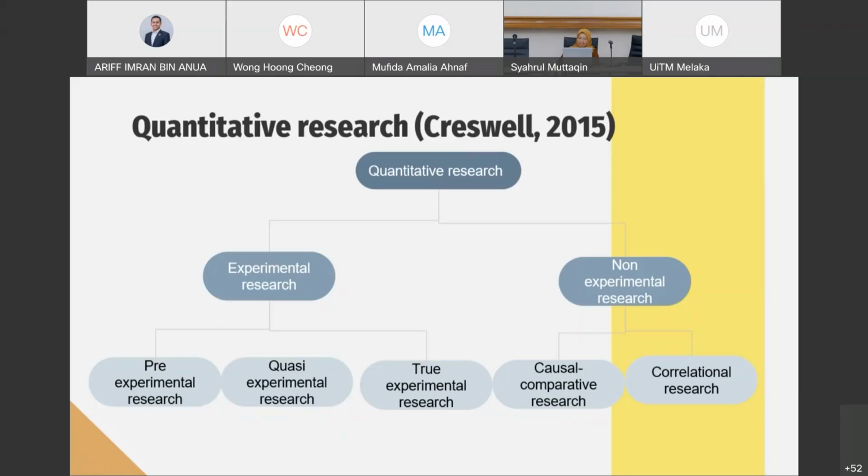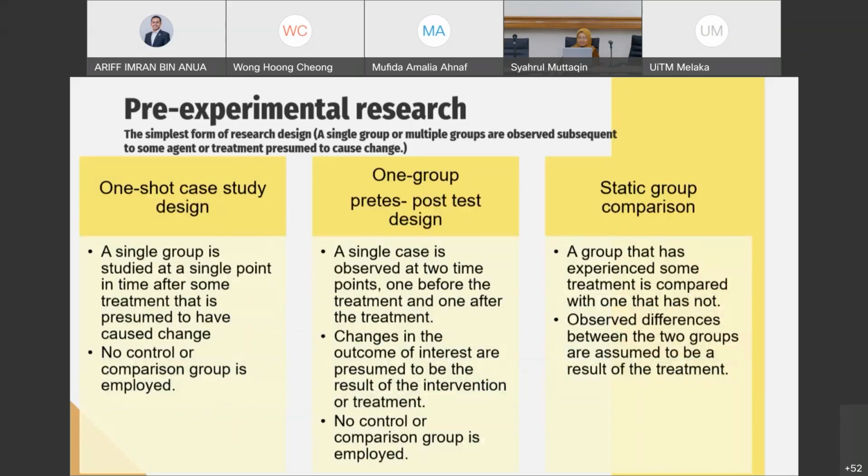And then non-experimental research would be divided into two. The first is causal comparative research, and then correlational research. Distinguished guests, ladies and gentlemen, when we come through this kind of research one by one, only at a glance, this is the pre-experimental research.